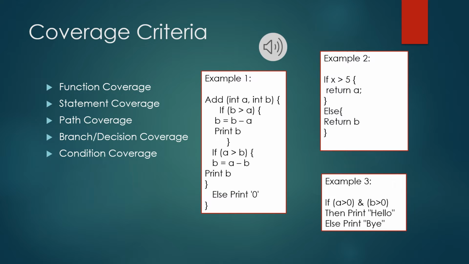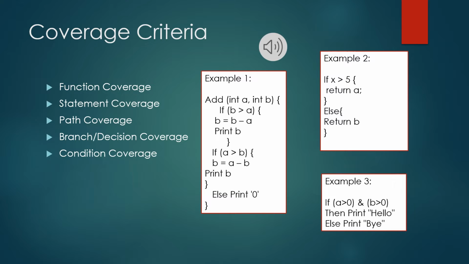The purpose of function coverage is to ensure that each function is called for. So, for example, in example 1 code that is provided on this slide, if our unit test calls the add function just one time, then this would be a complete function coverage.